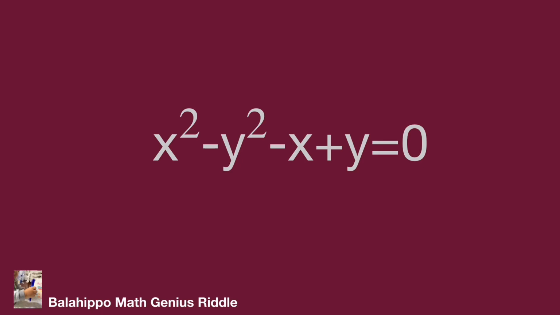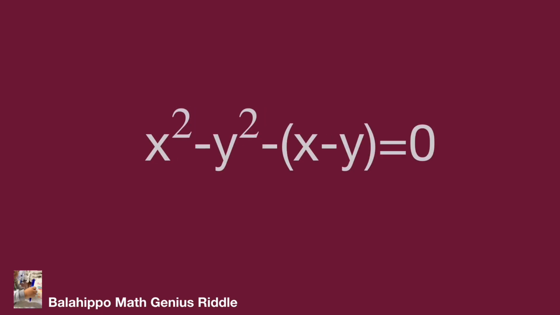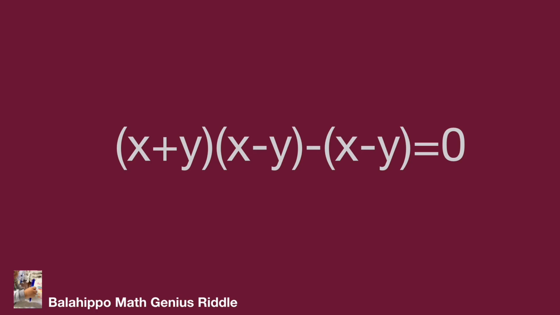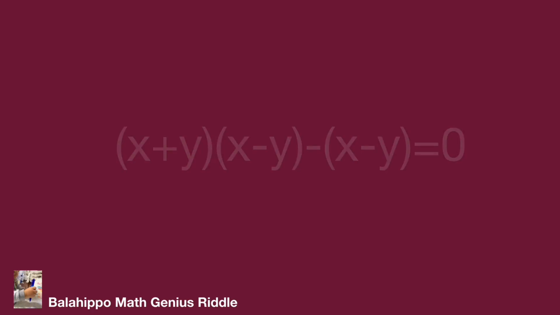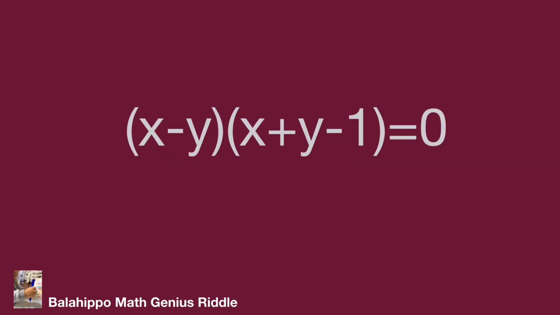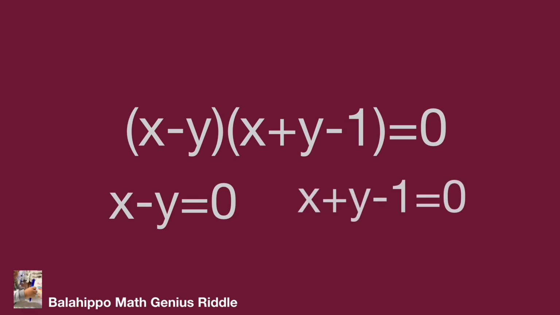Adjust as x squared minus y squared minus bracket x minus y bracket equals 0. x squared minus y squared equals quantity x plus y multiplied by quantity x minus y. Then we find the result as quantity x minus y multiplied by quantity x plus y minus 1 equals 0, which means x minus y equals 0 or x plus y minus 1 equals 0.